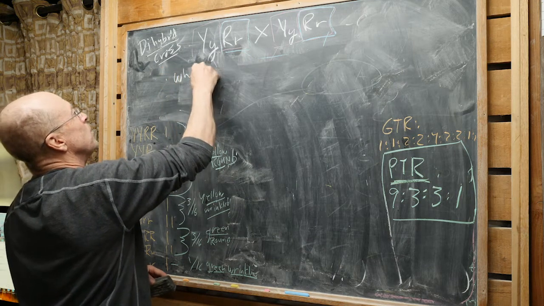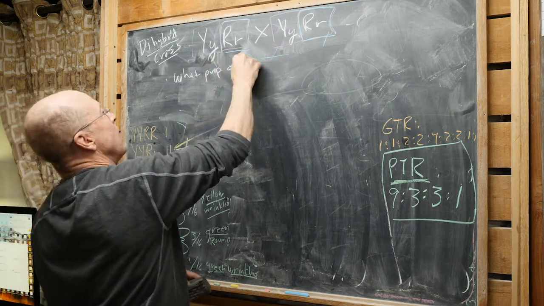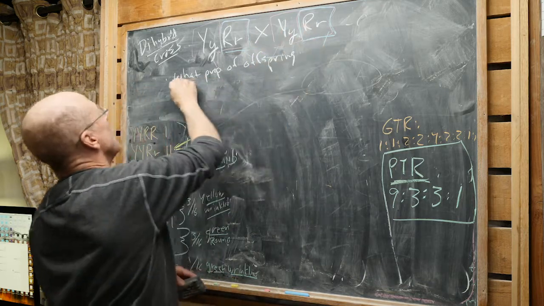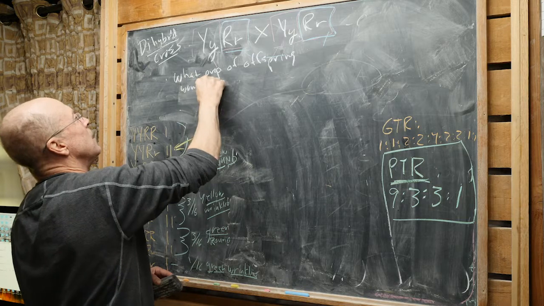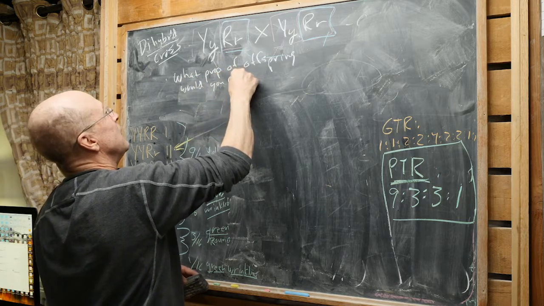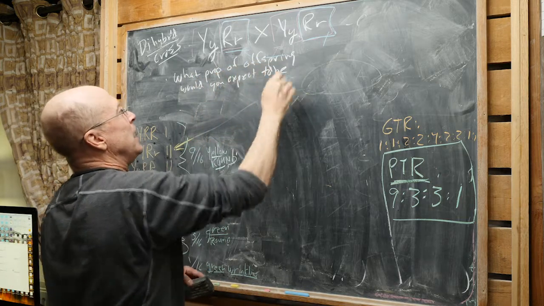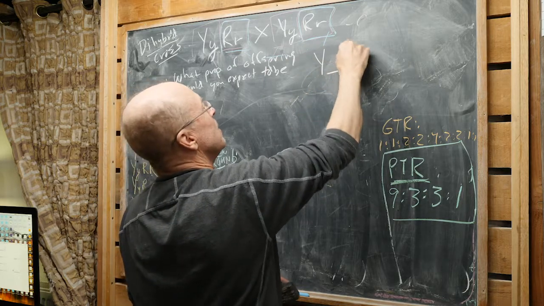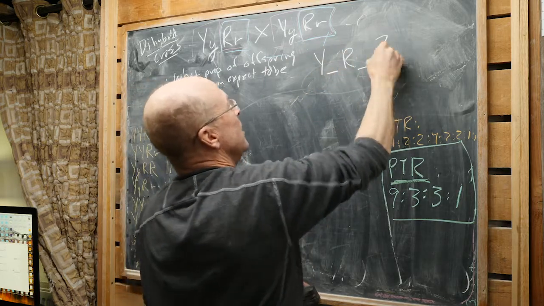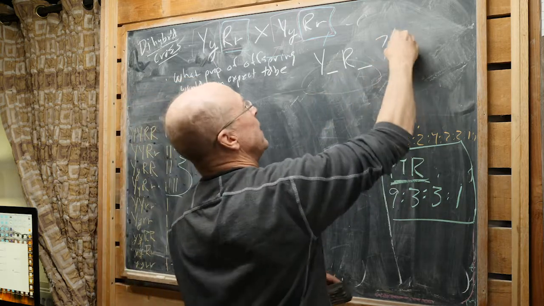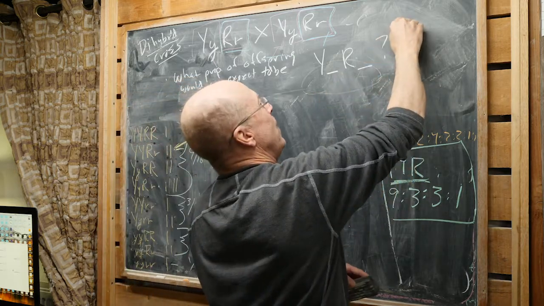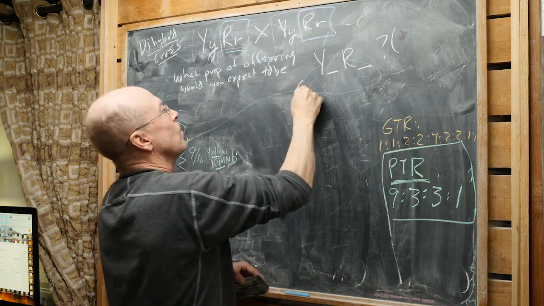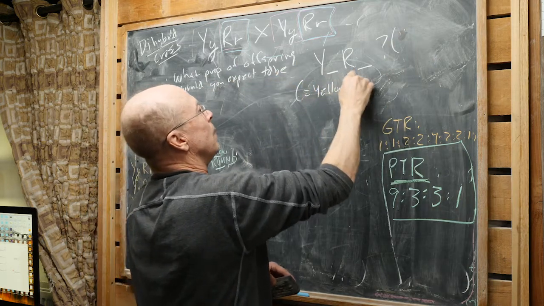What proportion of offspring from this cross would you expect to be big Y question mark, big R question mark? In other words, this would be the same thing as saying yellow and round. To be yellow round.